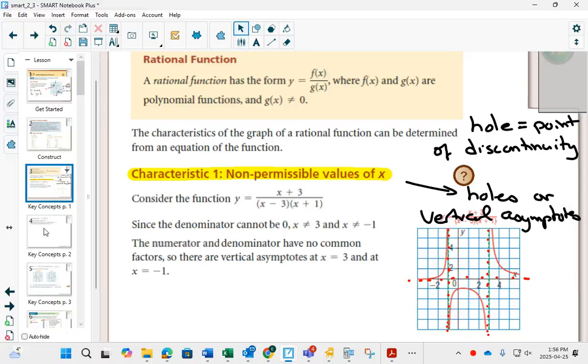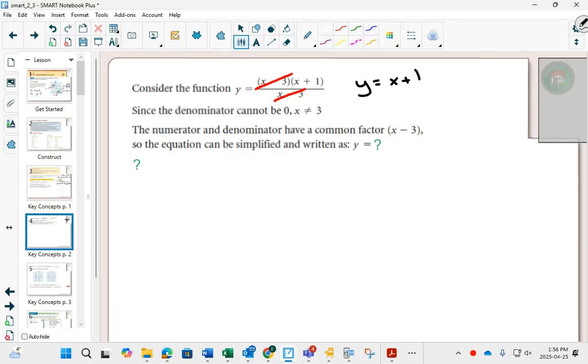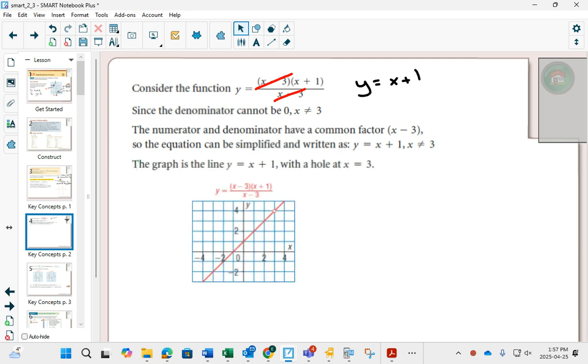But then they give us a second example here where the non-permissible value is still that x can't equal 3. But in this situation, it would simplify, and after it simplifies, you get a new equation which is just x plus 1. If that happens, you have a hole. And whenever you have a hole, you figure out the coordinates of the hole.